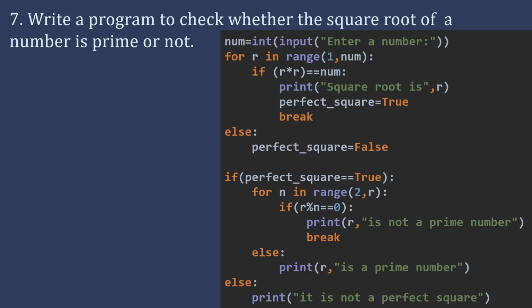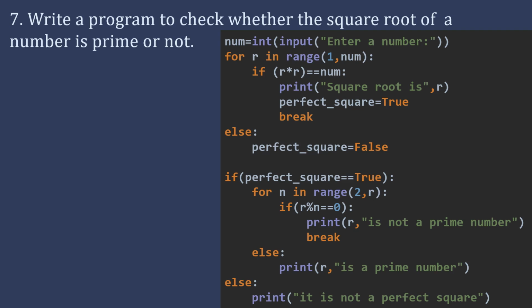This is done. That means if the number is a perfect square, having a square root, then perfect square will be assigned the value true. Otherwise, it will be assigned false. Now the next thing: if perfect square is equal to true, that means we got the square root of this number and this number is a perfect square, then we have to check whether the square root is a prime number or not.